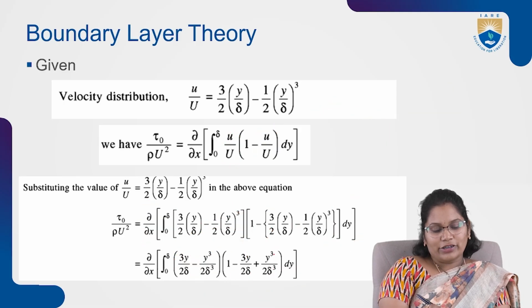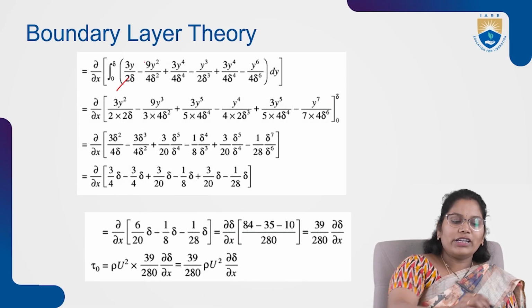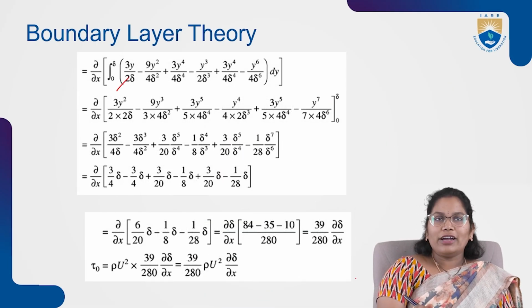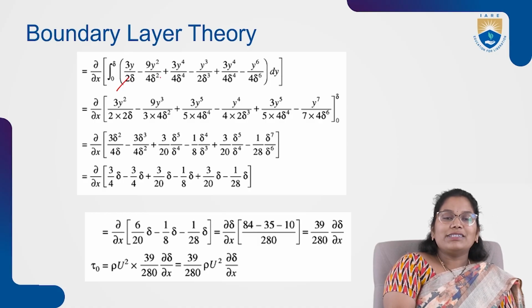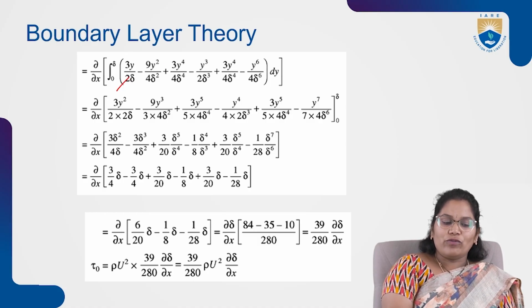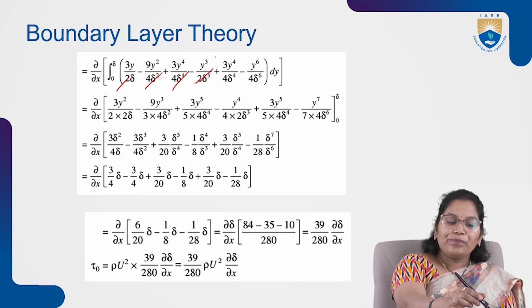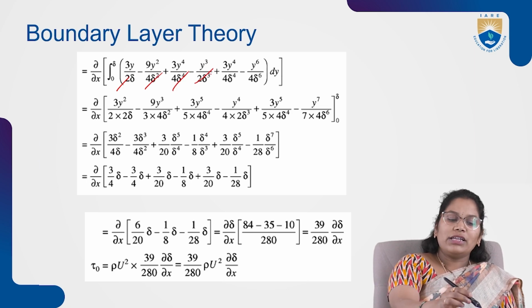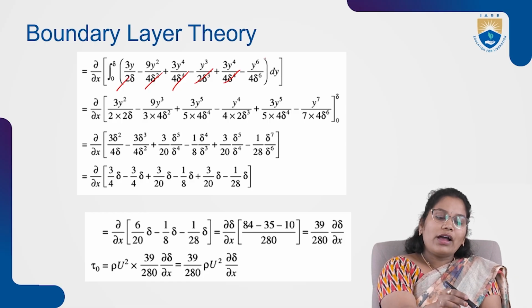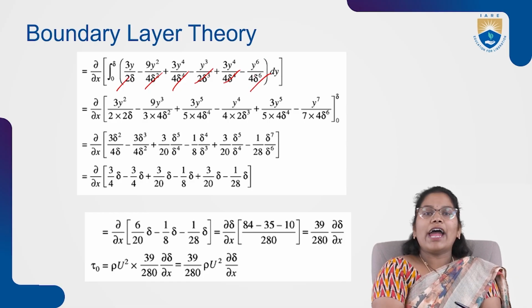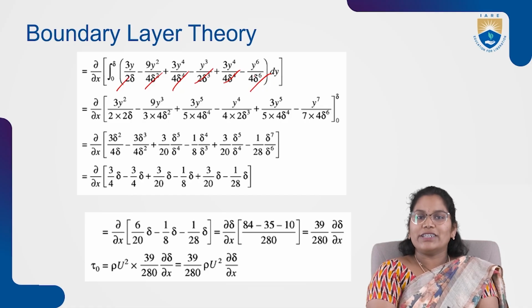That is done here. Yes, what we got here? 3y by 2 delta minus 9y square by 4 delta square plus 3y to the power of 4 by 4 delta to the power of 4, minus y cube by 2 delta cube, 3y by 4 delta to the power of 4 and y to the power of 6 by 4 delta to the power of 6.